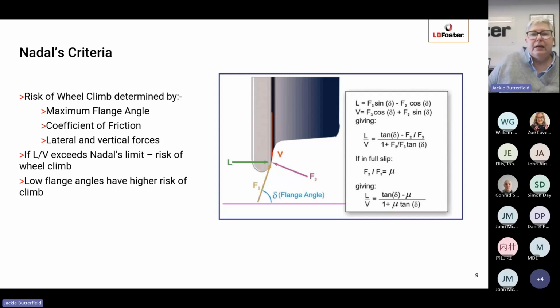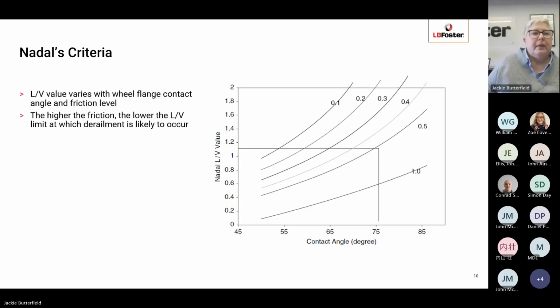The limit to Nadal's work is that he only considered one wheel. So he doesn't take into consideration the friction effect of the non-flanging wheel as well. So put graphically, this shows the relationship between the coefficient of friction, which are the curved lines, and the Nadal's L/V limit and the contact angle.